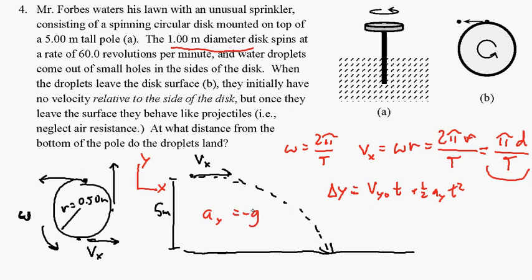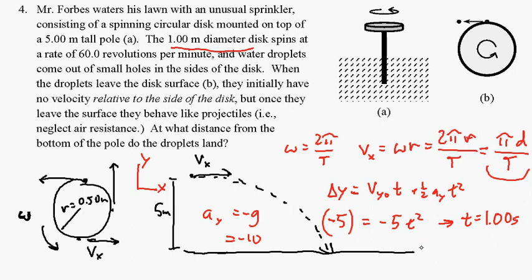Acceleration of y is negative g, and once again, cool people use 10 for g. So it's going to be negative 10. Delta y goes down 5 meters, so negative 5 meters equals 0 plus 1/2 times negative 10, so negative 5 times t squared. And you don't have to go to TJ to know that that means t is 1.00 seconds. Okay, so that's how long it takes the thing to fall.